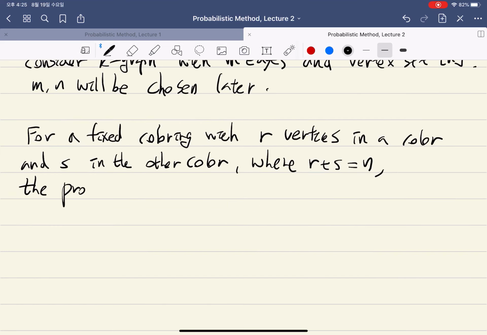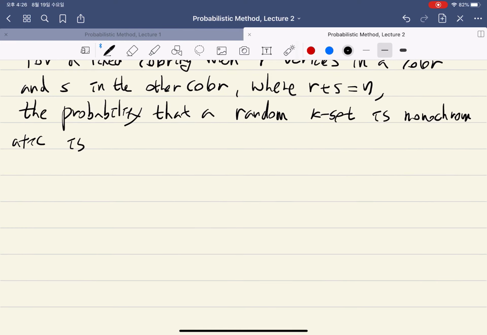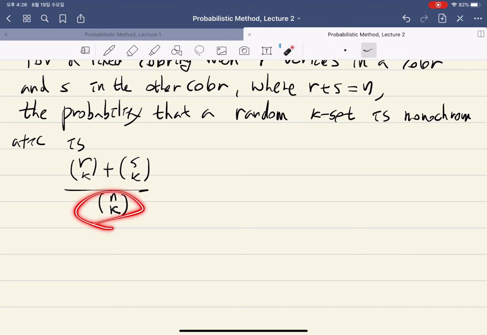What's the probability that a randomly chosen k-set of size k is monochromatic? It is r choose k plus s choose k over n choose k. So the denominator is the number of all sets of size k, and the numerator is the number of monochromatic sets with this specific coloring.